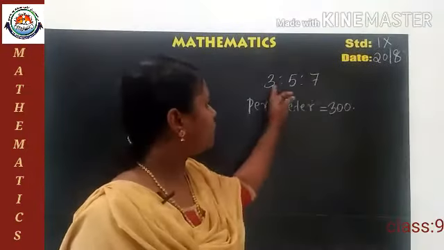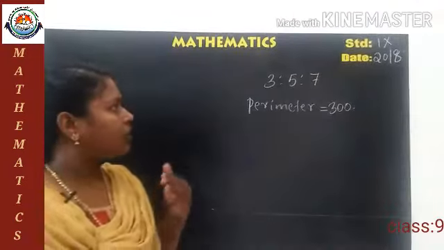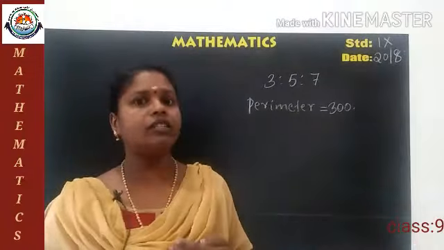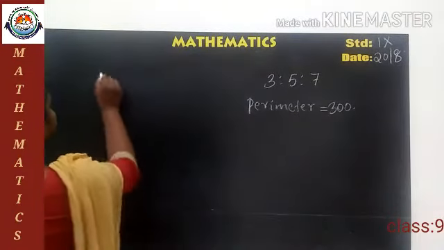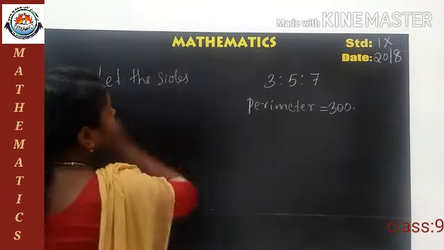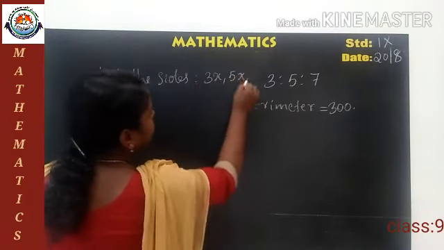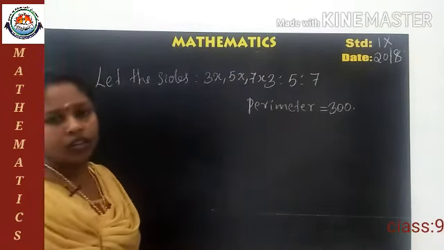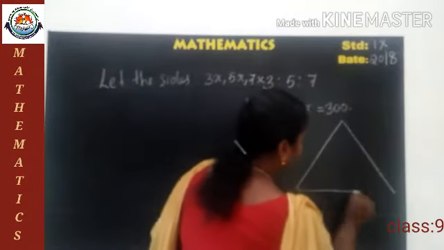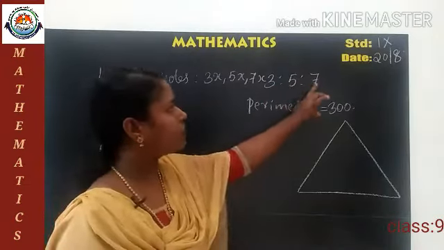Here the perimeter of the triangle is given and also the ratio between the sides, 3:5:7. If the ratio between the sides is given, we can assume the sides are 3x, 5x and 7x.